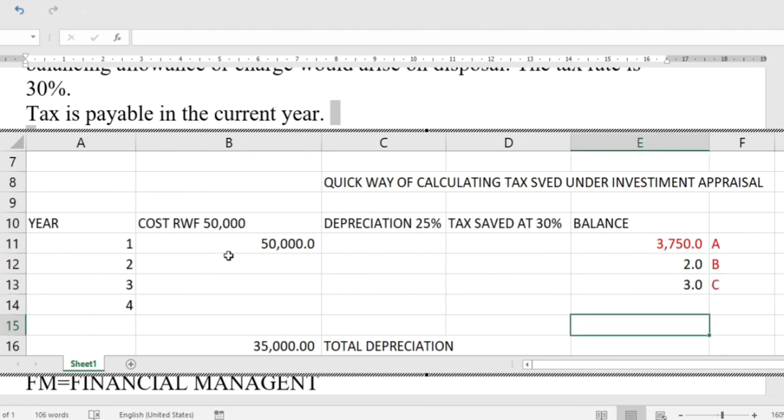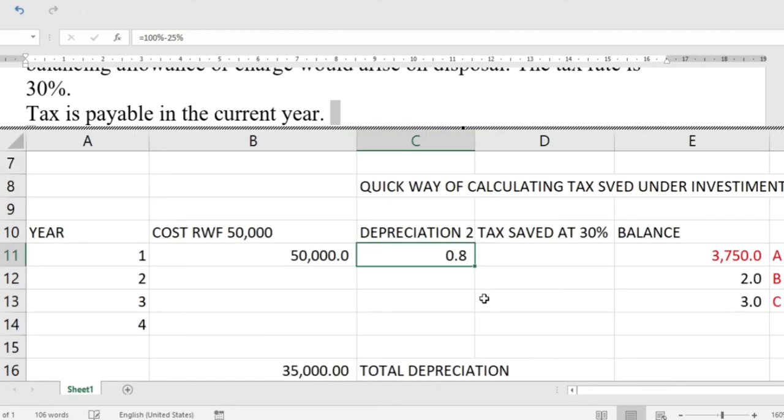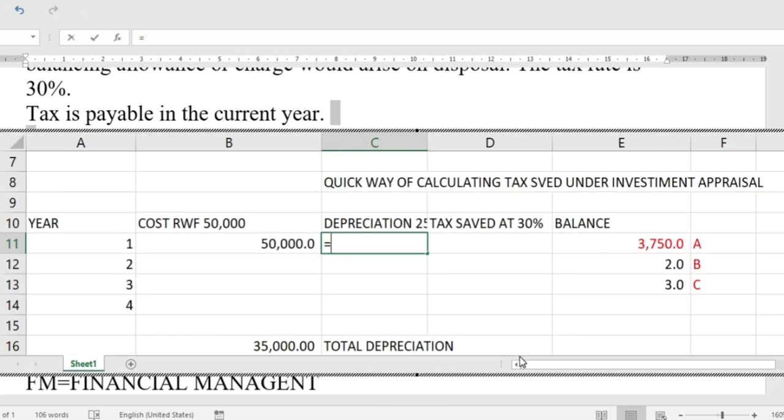B is equal to this amount times what remains when you take 100% minus 25%, which is equal to 75%. Let me write it by hand, 75%. When you take 100% minus 25%, it is equal to 75%.